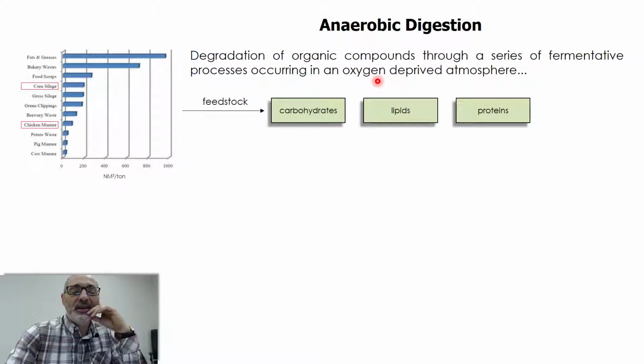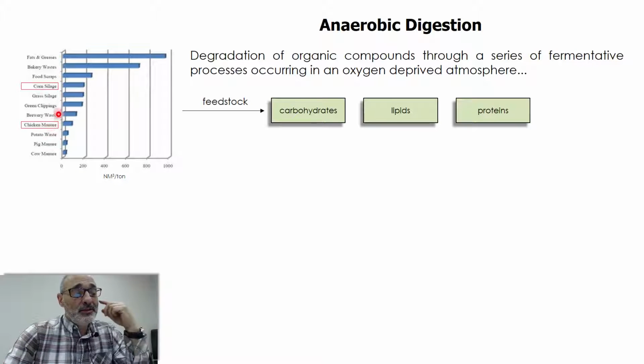Anaerobic stands for oxygen-deprived atmosphere, and these reactions involve microorganisms. The feedstock can be, as I showed you last week, a mixture of corn silage and chicken manure. Actually, you use corn silage in order to increase the energy content of the obtained biogas.